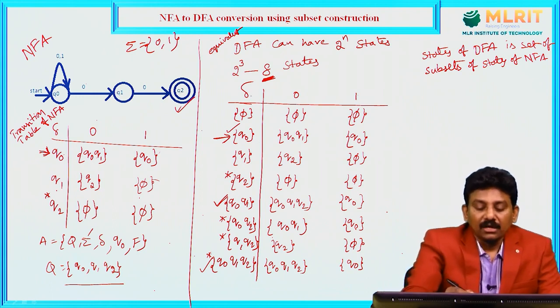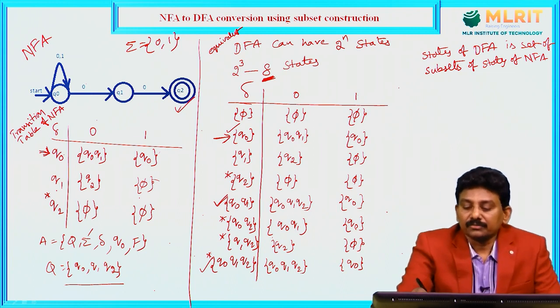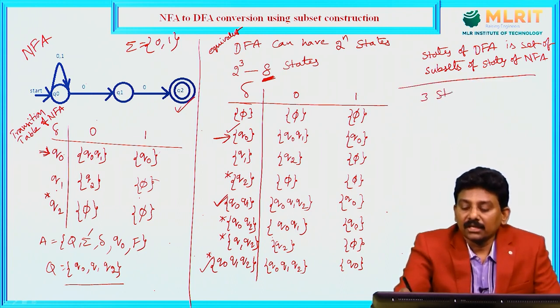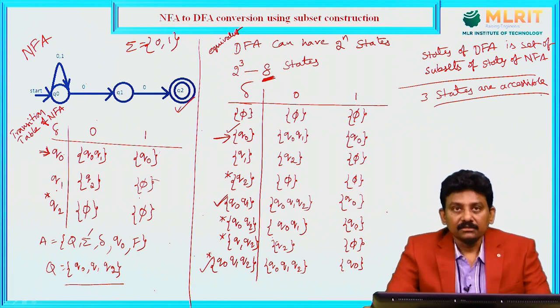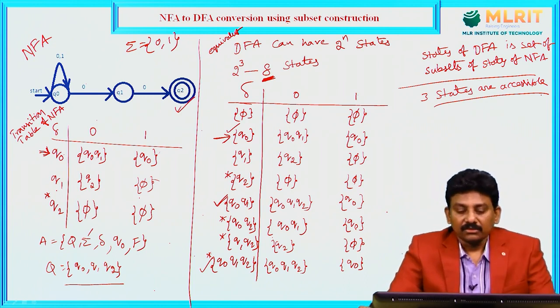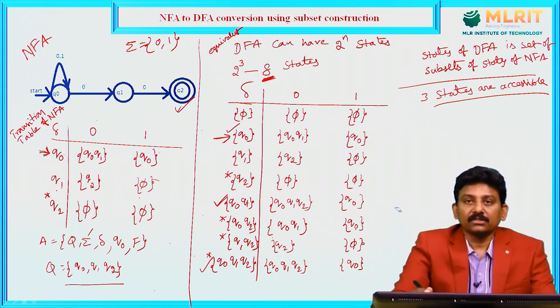So that among 8 states, only 3 states are accessible. Now we need to construct the equivalent DFA transition diagram. Starting with initial state Q0.